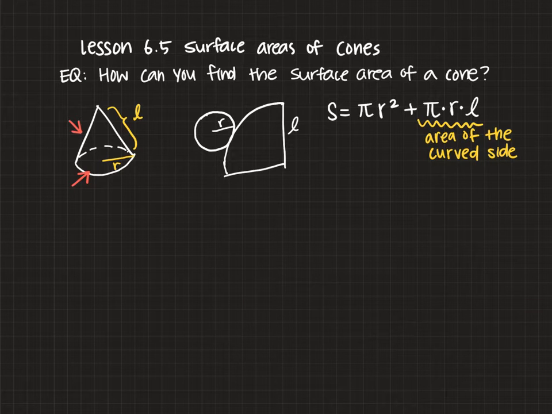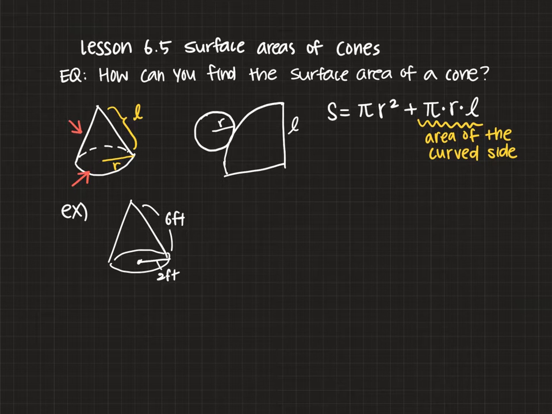So let's say we have this cone with a radius of 2 feet and a slant height of 6 feet. We're just going to plug it in, and for this lesson, instead of solving for pi, I am going to leave the pi as it is, and then calculate that at the end of our equation.